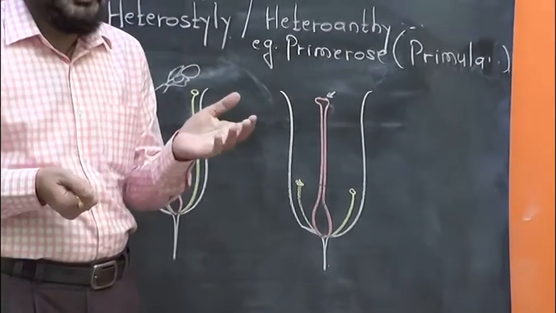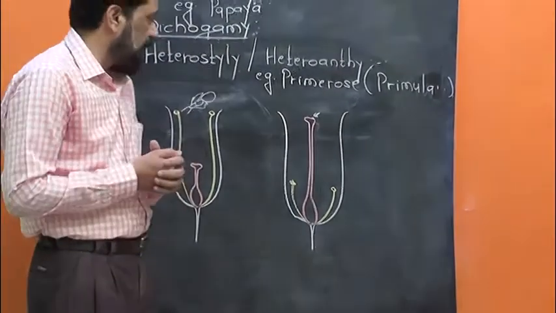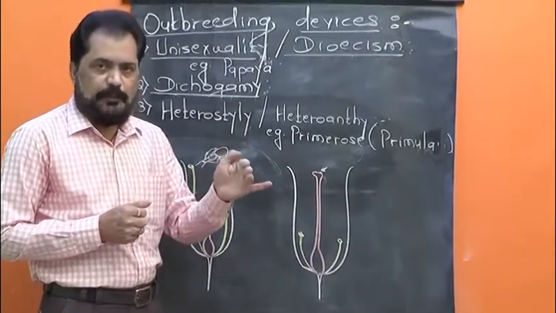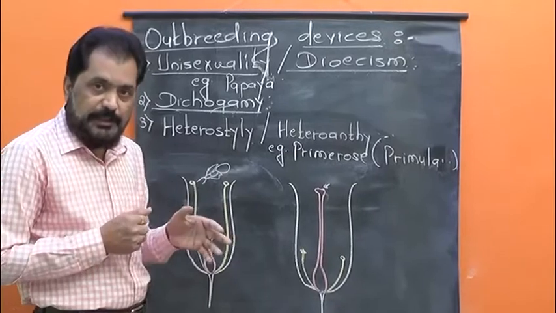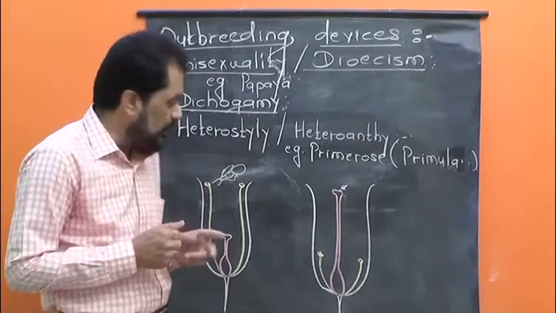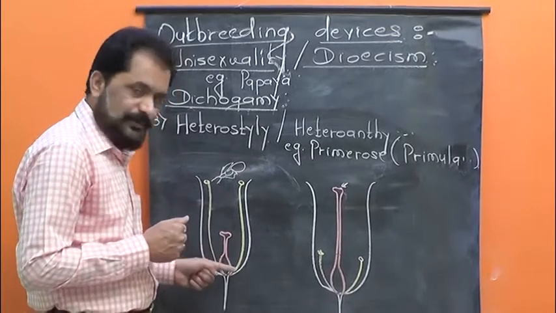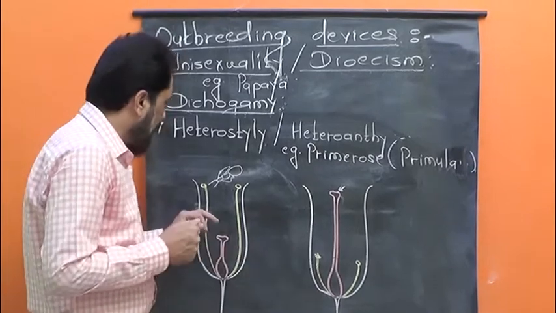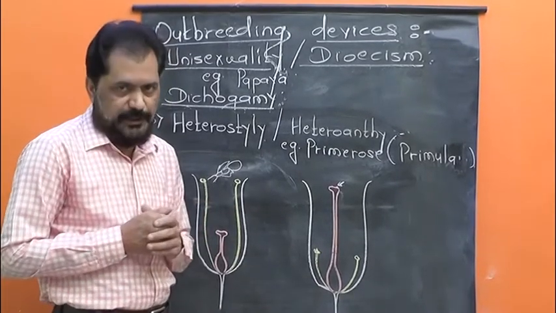Here the pollen grains are transferred from one plant to another plant, so it is a type of cross pollination, and this cross pollination is possible only due to the difference in the length of either the style or the filaments of stamen.